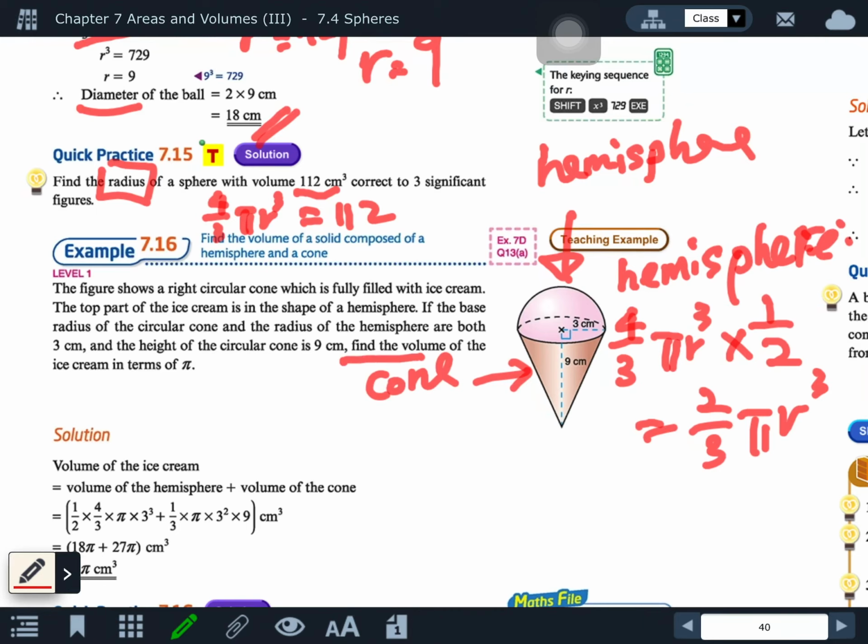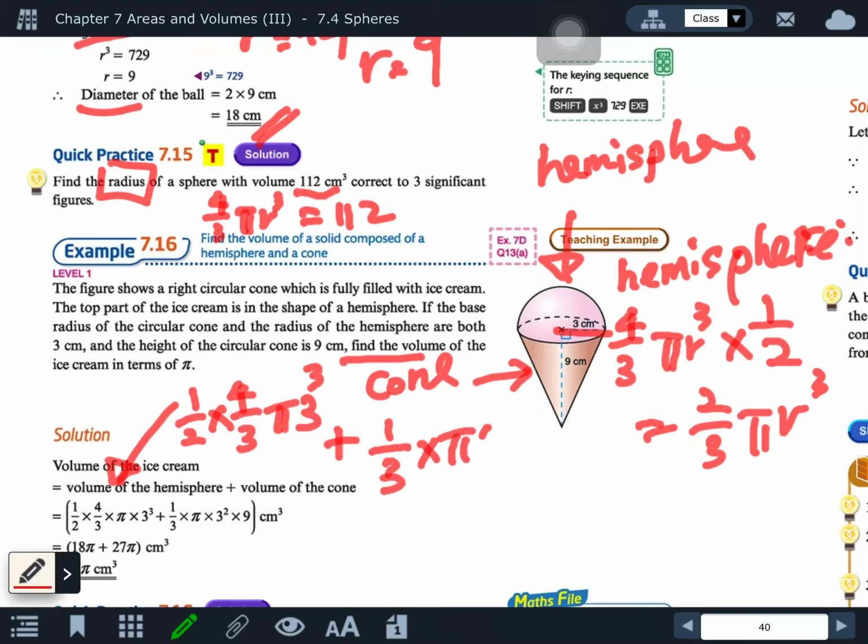No matter for the hemisphere or for the cone, the radius is 3. So the volume of the hemisphere is 1/2 times 4/3 pi r cubed for the sphere. Plus, remember, what is the cone? It is 1/3 times the base area, which is pi r squared, times the height of 9.